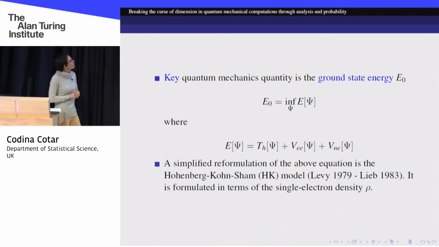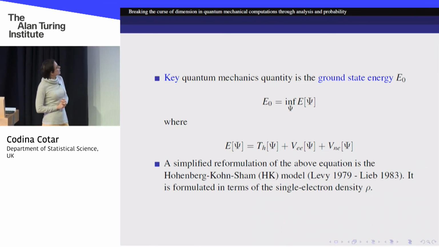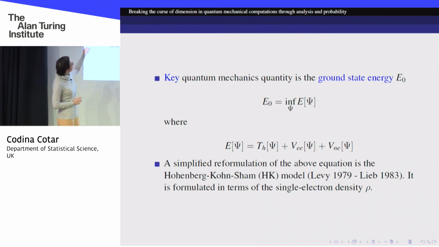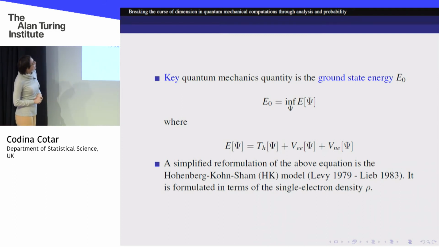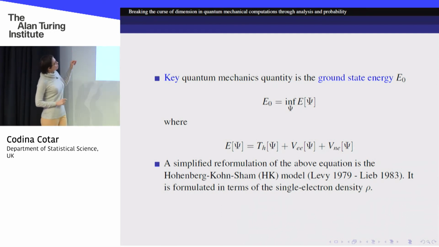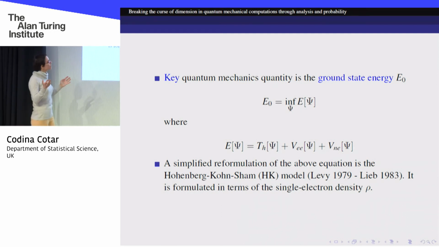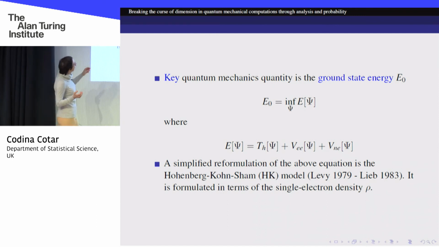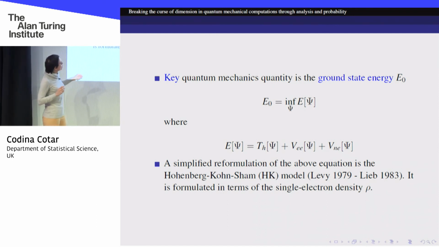So what's the key quantum mechanics quantity that we're interested in? It's the ground state energy. The ground state energy is the infimum, over all these wave functions, of some energy functional E, which depends on three quantities.